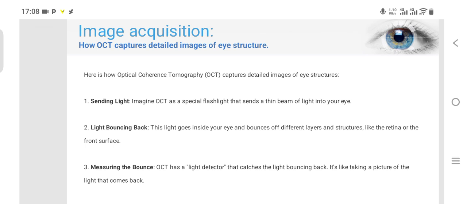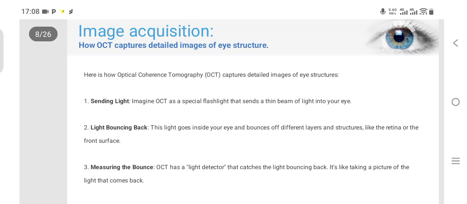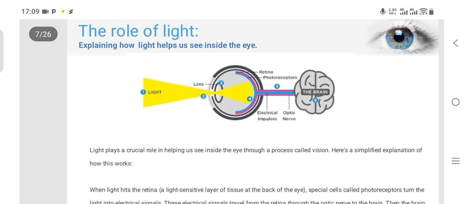When this happens, what do you think will take place? It interprets the information and is able to go back to the retina and interpret what you see.